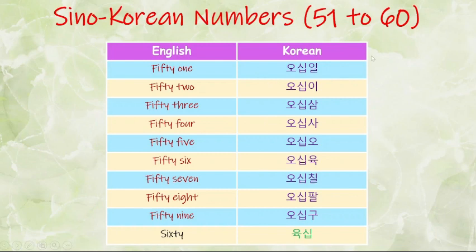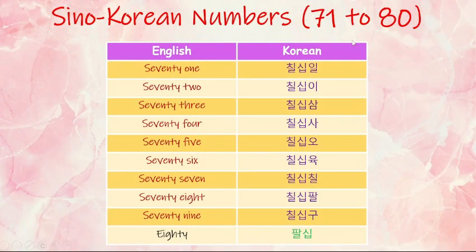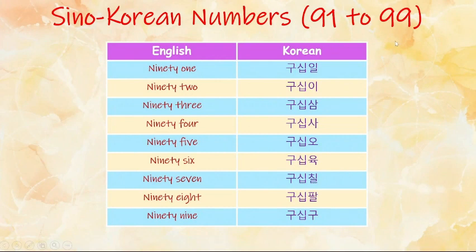Next come Sino Korean numbers from 61 to 70. Here is the complete list. Next, let's see numbers from 71 to 80. Next is numbers from 81 to 90. Next is from 91 to 99. Now, up to 99, you got to know all the numbers. Very easy to learn, very easy to remember.